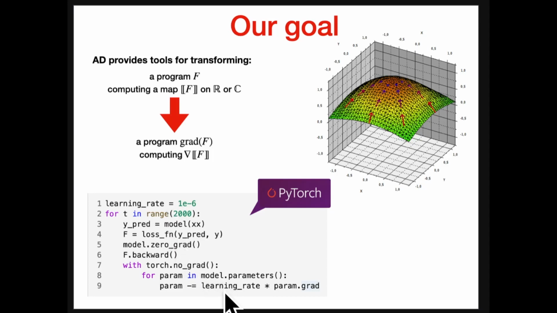And we update the parameter of the model along the gradient computation as performed by this backward method, which is implementing the backpropagation algorithm, which is one of the main algorithms provided by AD for transforming f to grad f.